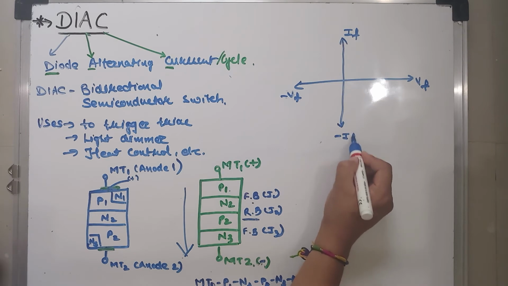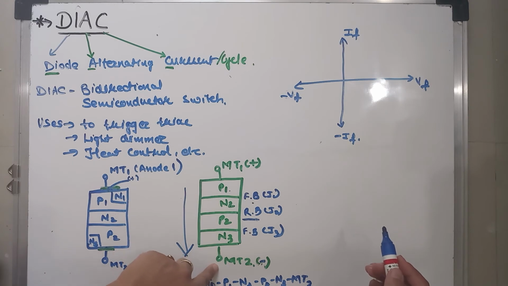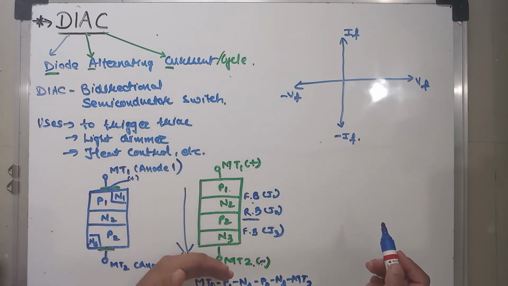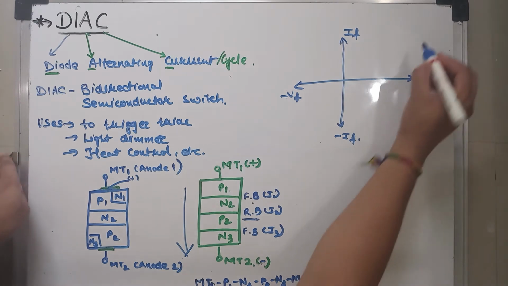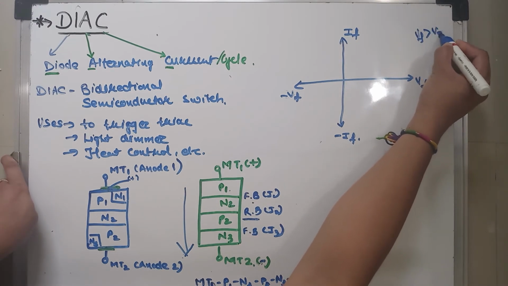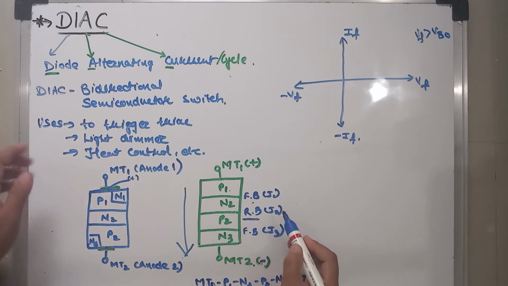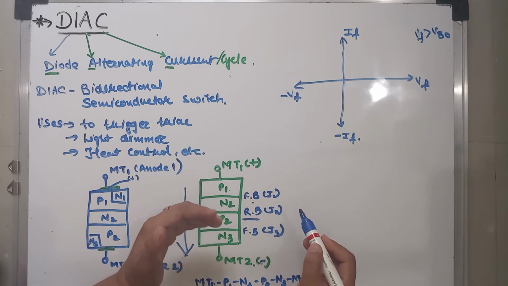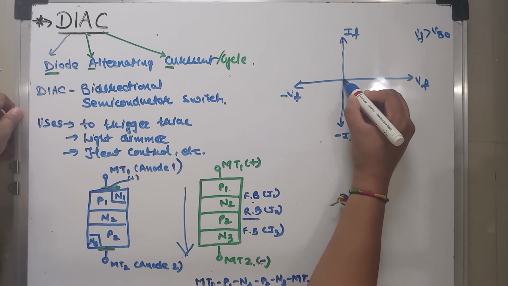Now when MT1 is positive with respect to MT2, current starts to flow from MT1 to MT2 when the applied forward voltage is greater than VBO. At that time avalanche breakdown of the reverse biased junction J2 occurs, and the diac starts to conduct from MT1 to MT2, and the characteristics lie in the first quadrant. So the characteristics are exactly similar to the SCR.